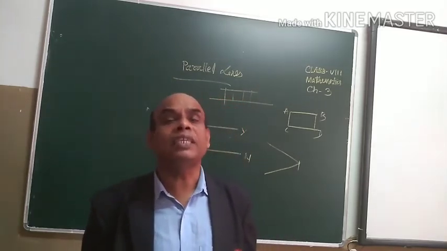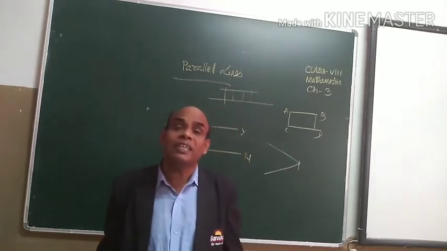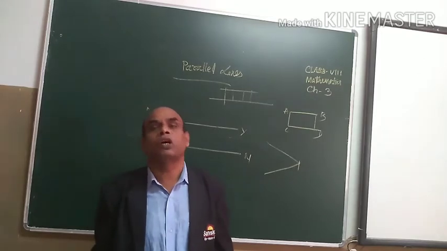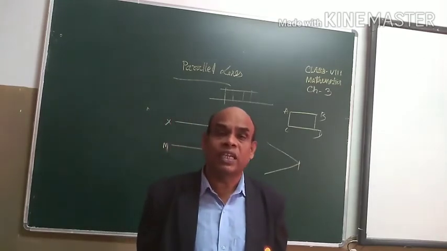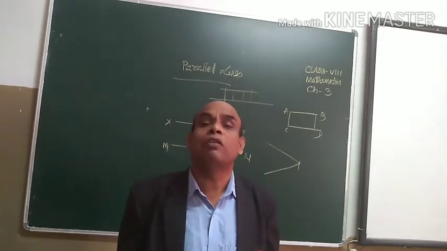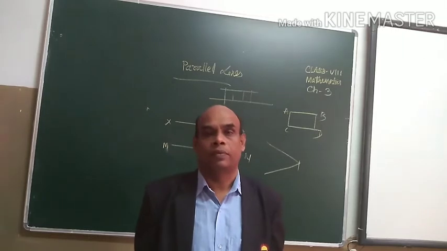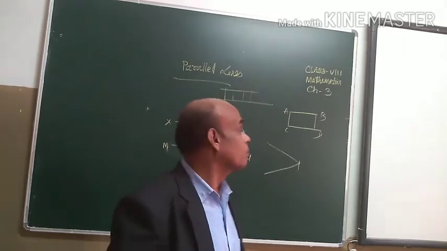That is what you have to remember. Then we can say they are parallel, because two railway lines never intersect each other. So that is the example.